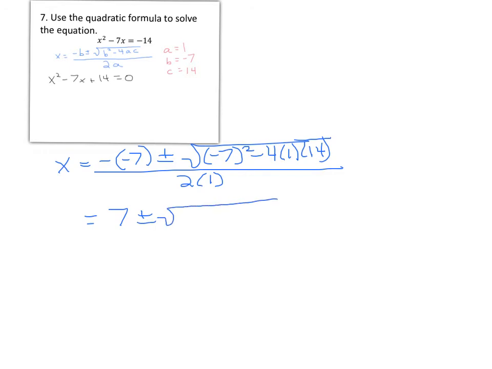Negative 7 squared is positive 49, minus 4 times 14, which is 56.